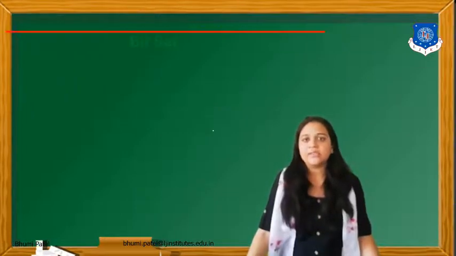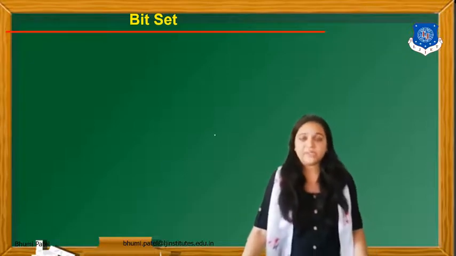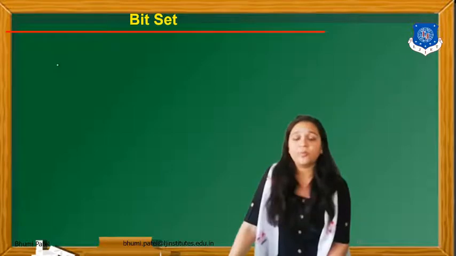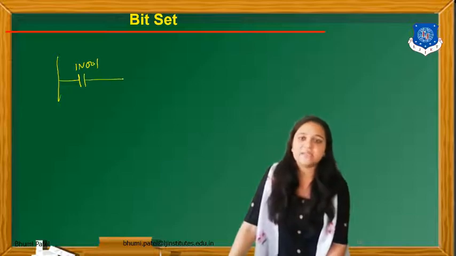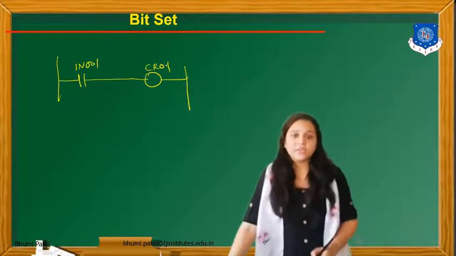Clear? Next one is the bit set. Now what is the application of the bit set? So first of all, what is the ladder diagram of the bit set? Simply we take one input switch. Suppose the input switch name is IN001, and this is my output, and the name of the output is CR01.